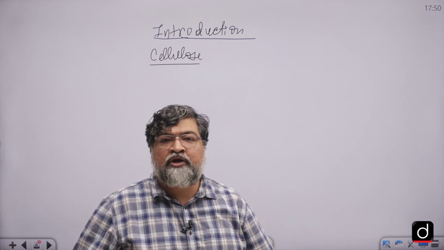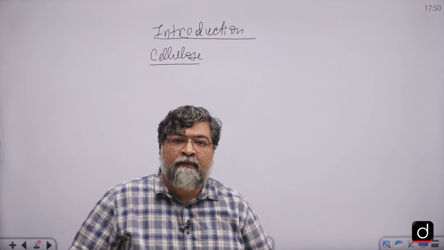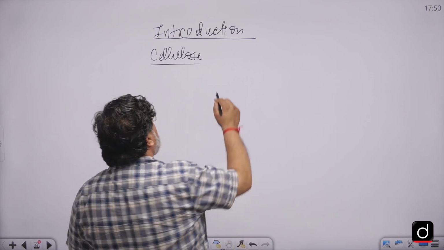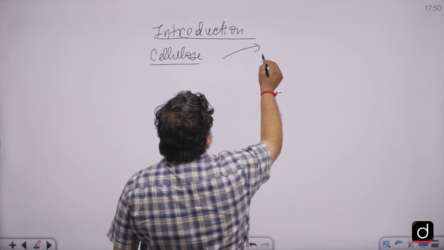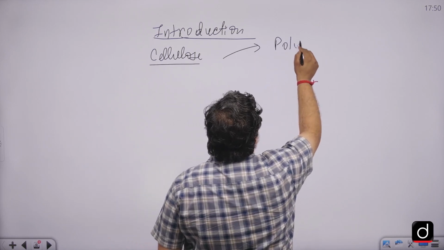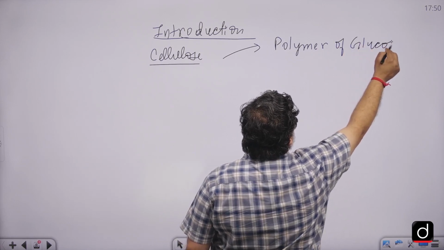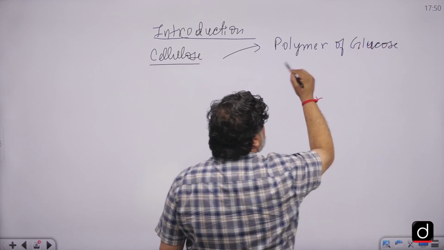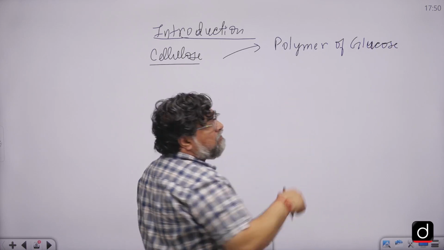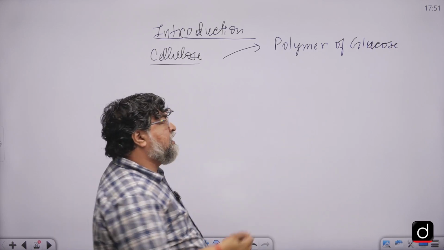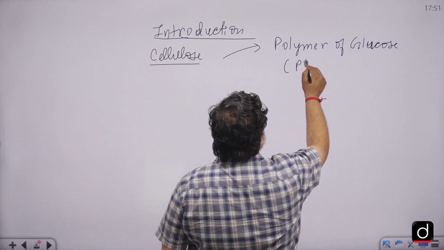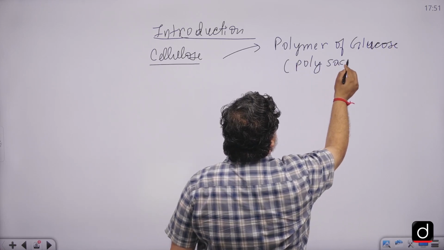Cellulose is a polymer and is a carbohydrate. So, you have to write here that cellulose is a polymer of glucose. The monomer unit is glucose, right? It polymerizes, and it is basically a polysaccharide. It belongs to the class of polysaccharides.